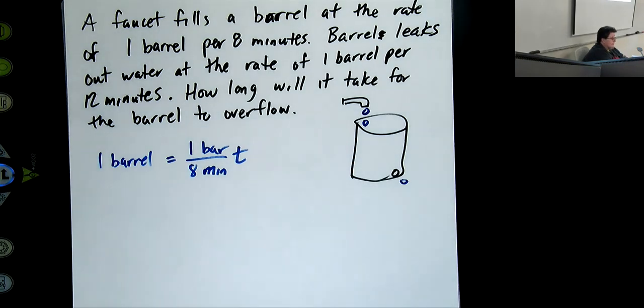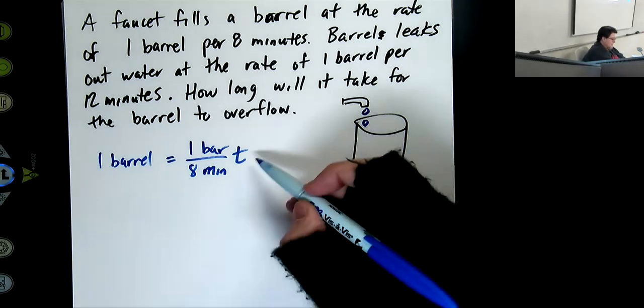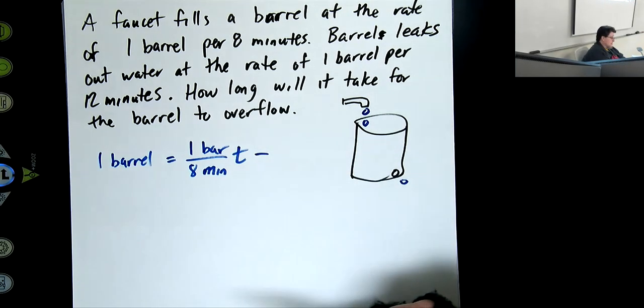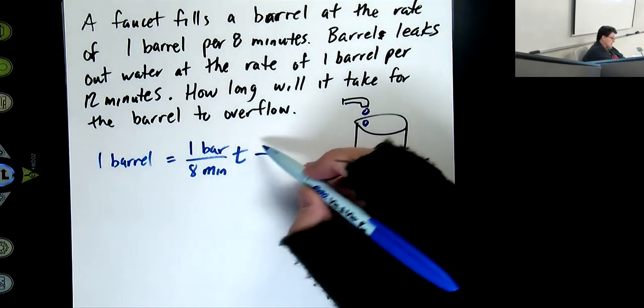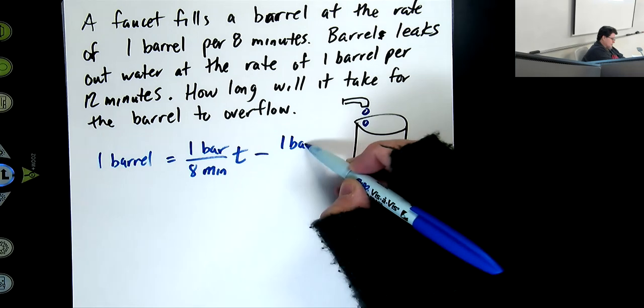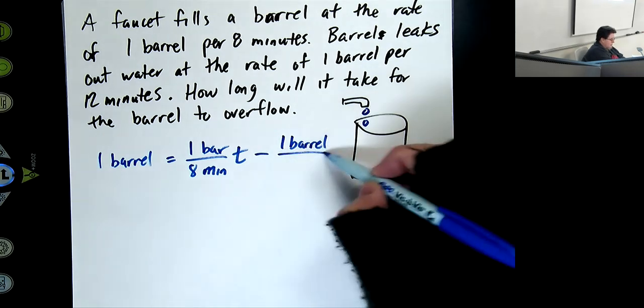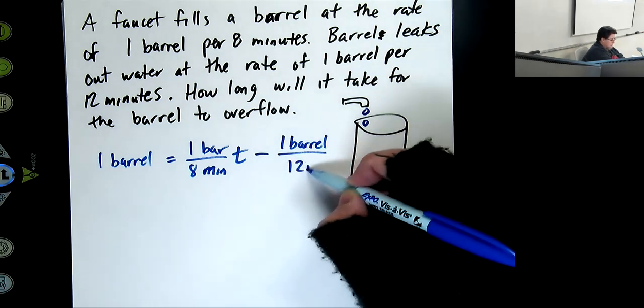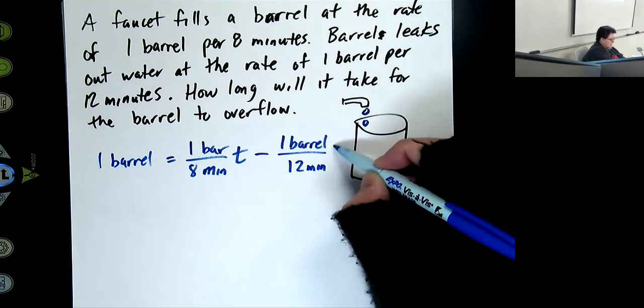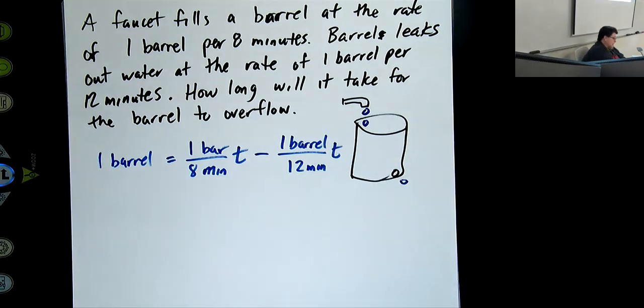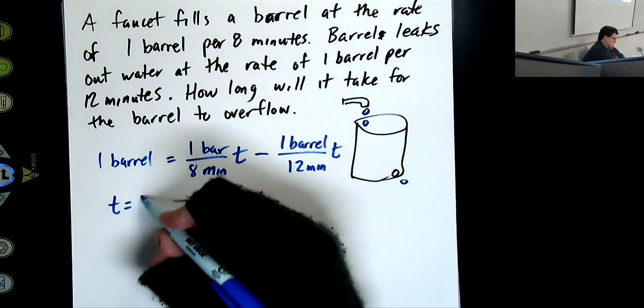But then I got a leak, which is taking water away. Taking away is subtraction. We can subtract the leak rate, 1 barrel for 12 minutes, and that also has the same T. We're trying to figure out T, how long till it fills up.